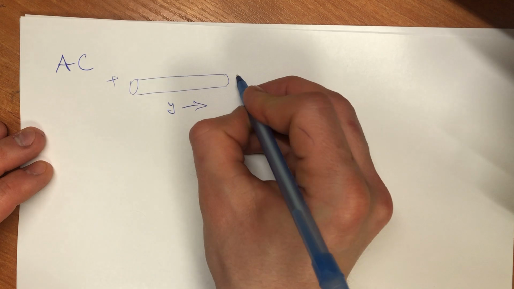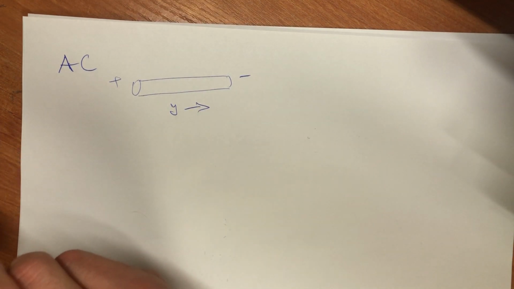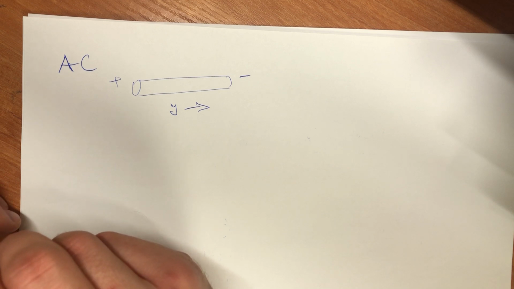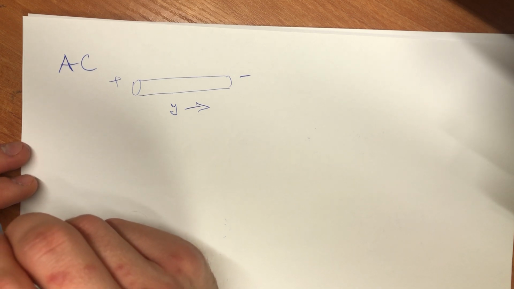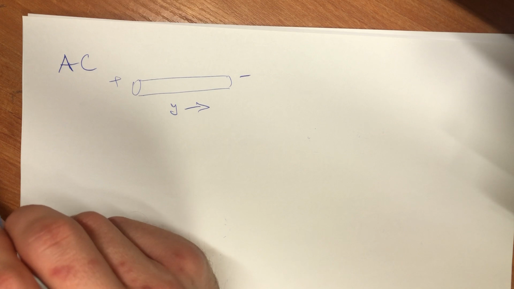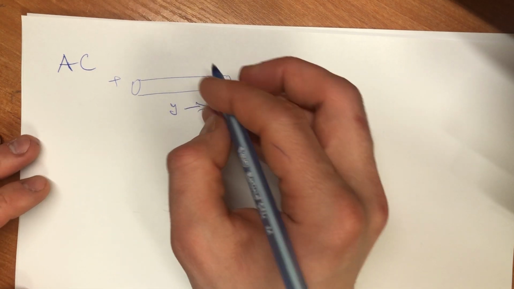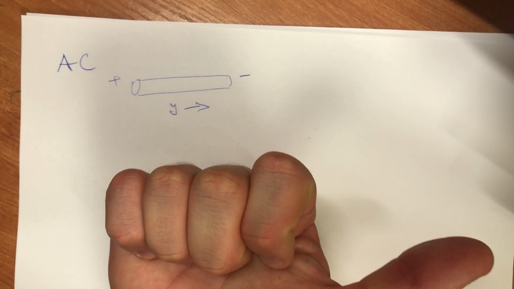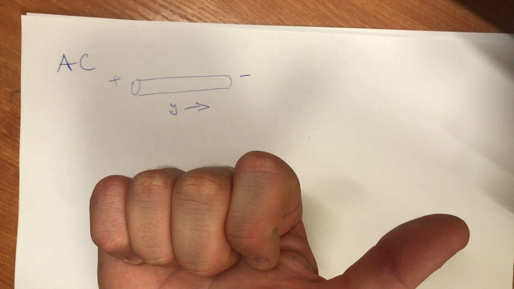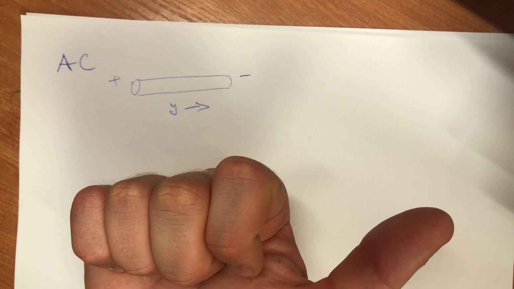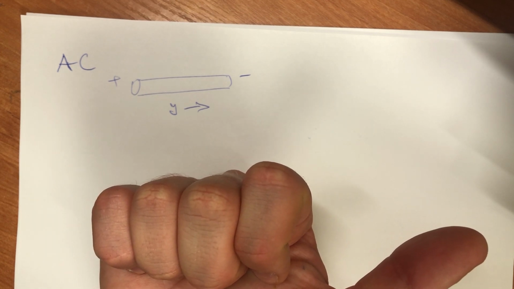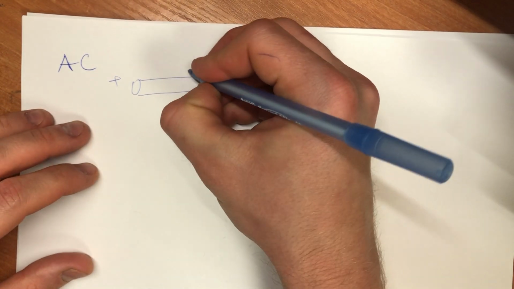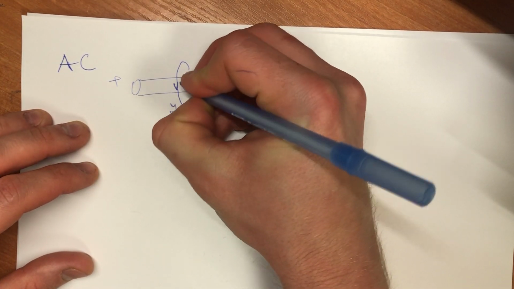So it's flowing from plus to minus. So the direction of the magnetic field would be from plus to minus, so it would be in this direction. If the current is flowing like this, it would be in this direction here.